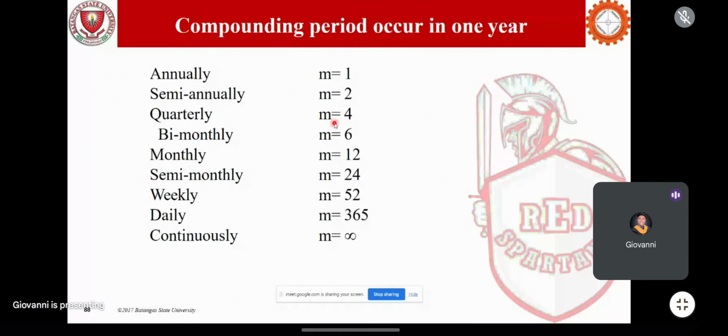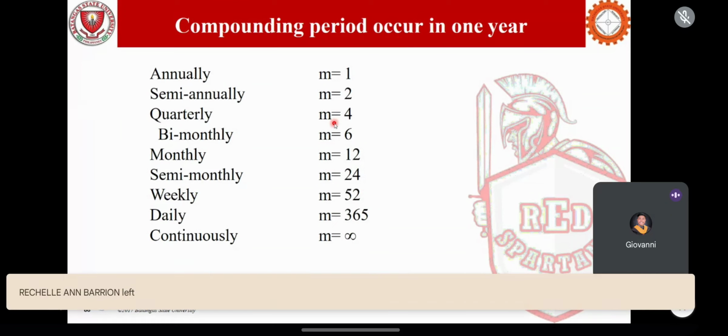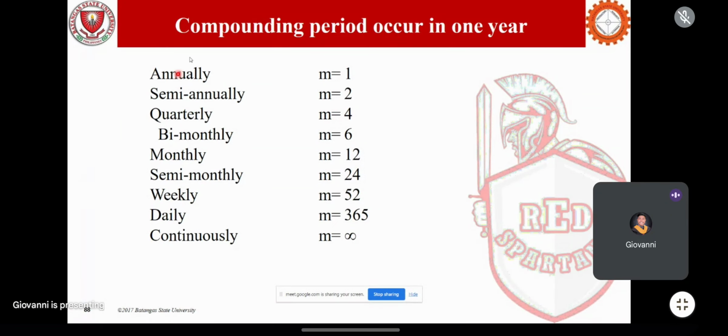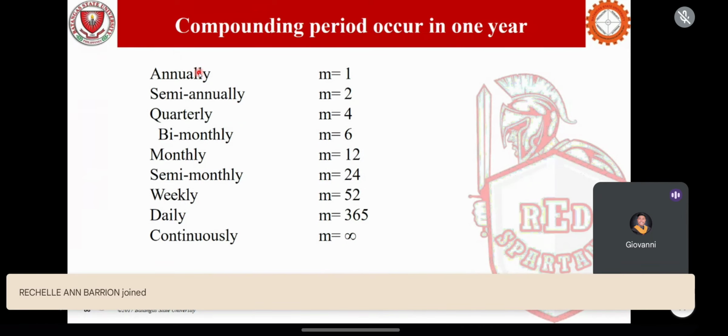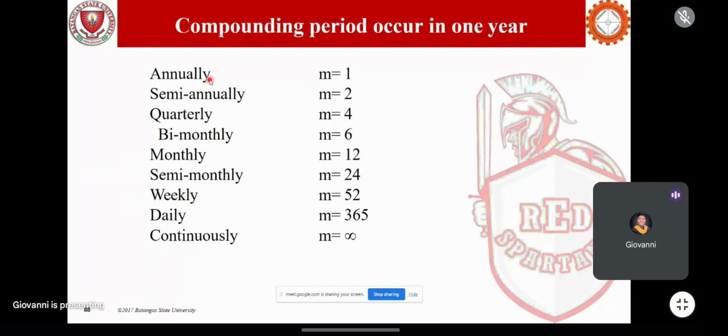So sa mga problem natin ngayon, ang may encounter na natin, meron nang kasunod yung interest natin na ganyan. Ang sasabihin niyan ay 15% compounded semi-annually, 15% compounded quarterly, meaning meron na tayong values ng M. So itong annually to daily, kailangan ninyong suluhin lahat ng values ng M. Kasi po, sa mga topics natin sa susunod for annuity, for gradient series, lagi na pong ganyan ang ating problem.